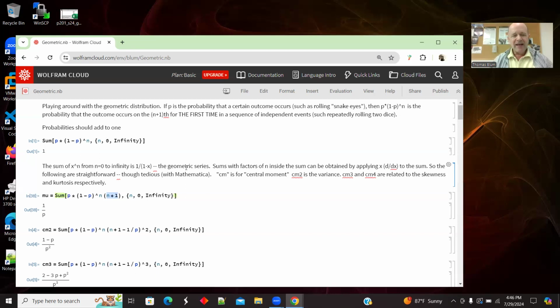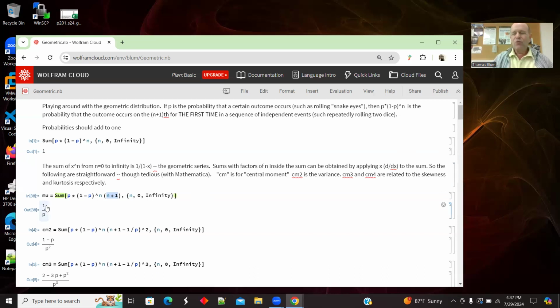I can get an n out front in x to the n. If I take a derivative with respect to x, that brings down a power, and then I could multiply by an x to restore the power but bring down the n.